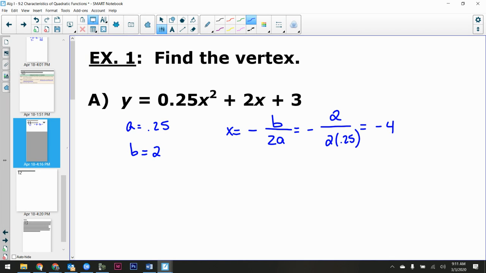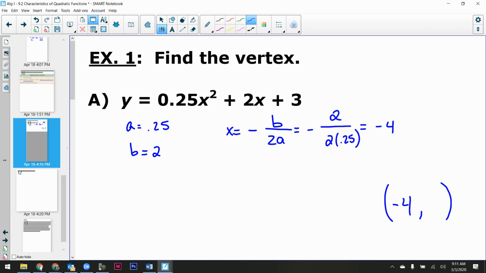So the x coordinate of my vertex is -4 comma something, because that's the axis of symmetry, the midline of the graph. I know my vertex has to lie right on that midline. -4 comma something. Where do I get that comma something?